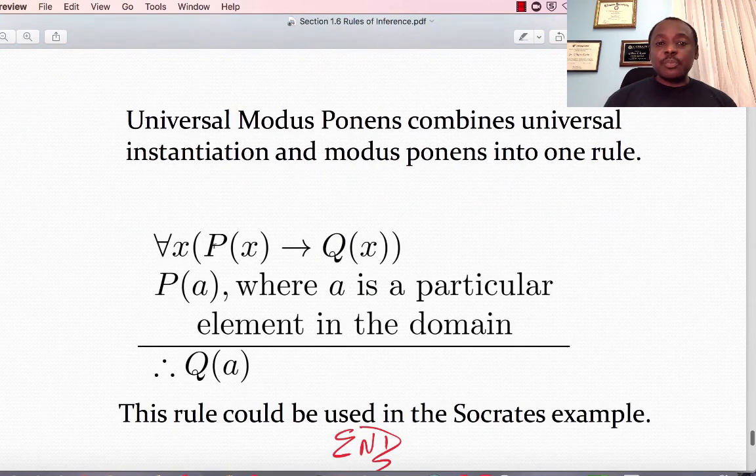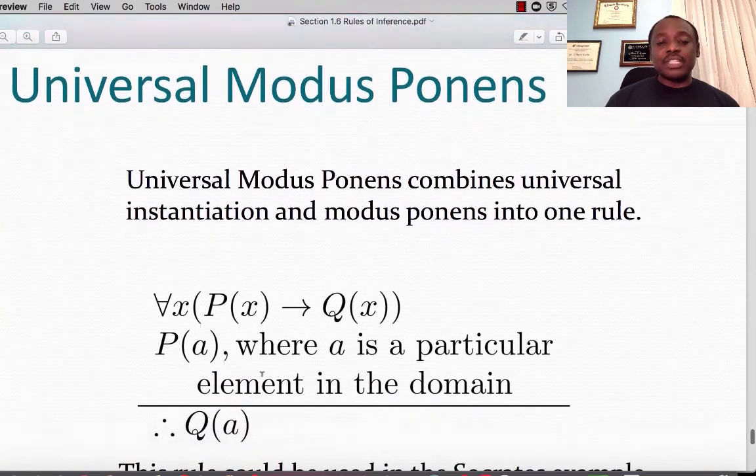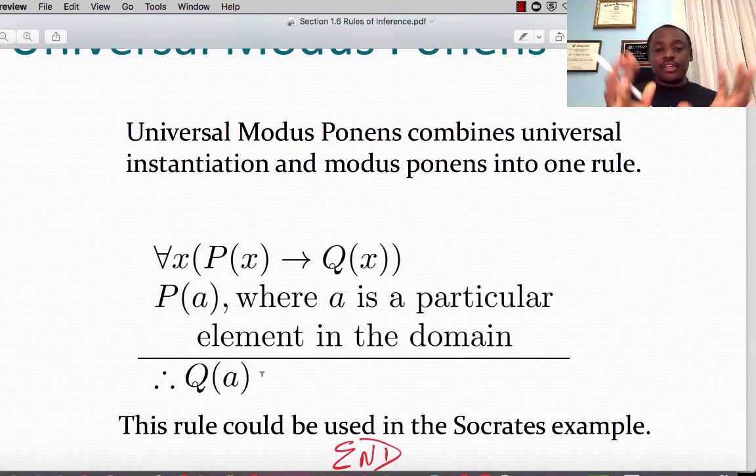For every x, P of x implies Q of x, and P of A is true where A is a particular element in the domain, then my conclusion is Q of A. Universal modus ponens. So modus ponens is so important that instead of going through universal instantiation, get a particular case, then apply modus ponens, we simply talk of universal modus ponens, and that puts both together.